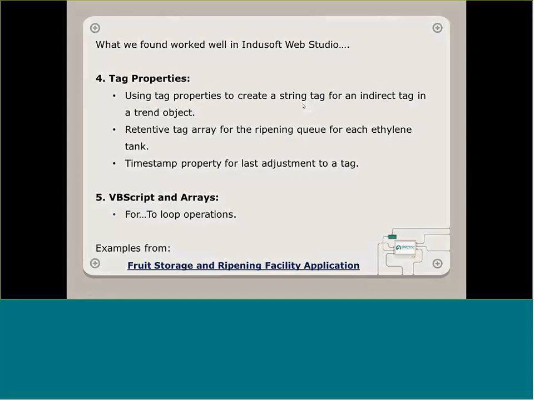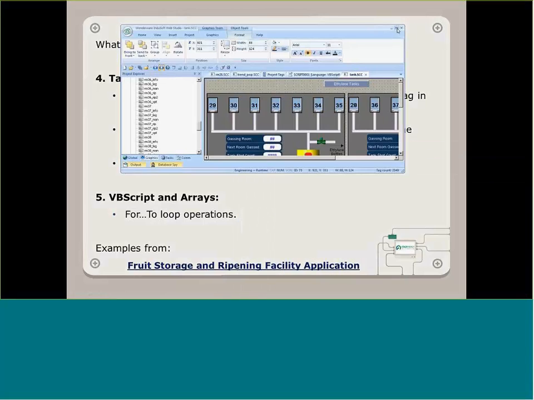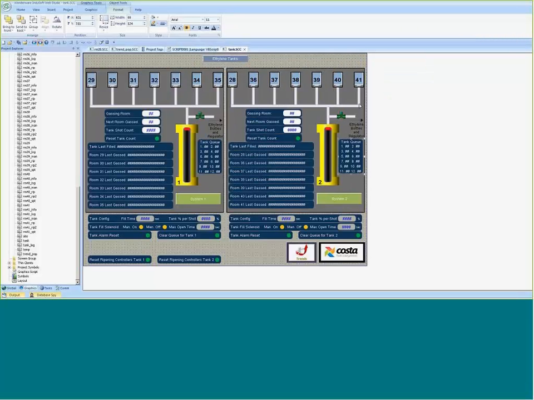The tag properties to create a string for some indirect tag referencing, and retentive tags, basically using a retentive array to store some data. The timestamp property was a tag, and in the VB scripting we used a bit of for-to loops, which again we thought worked pretty well. I can bring that up and give you a quick look at how we did that.